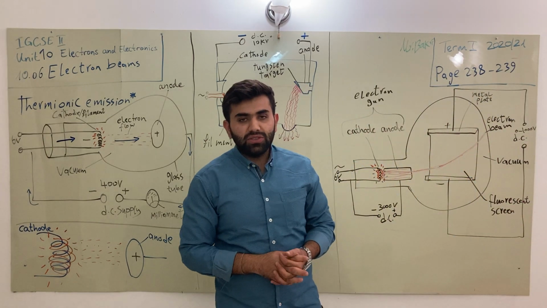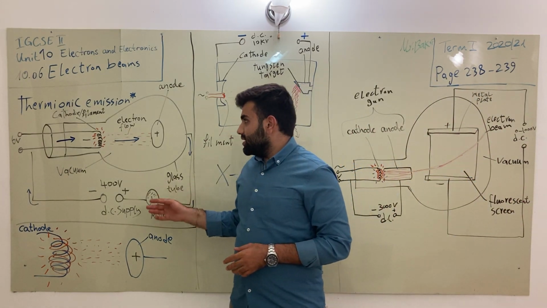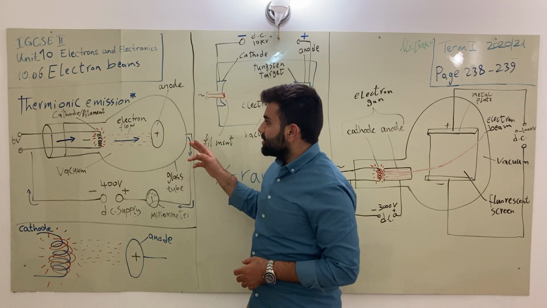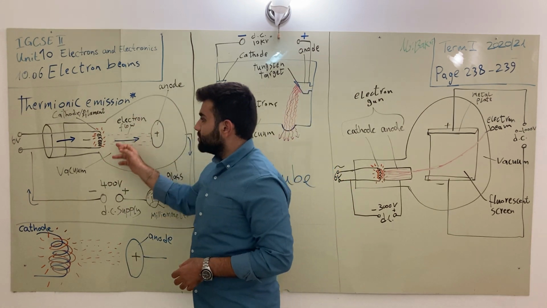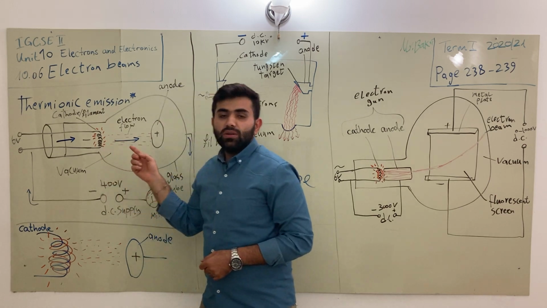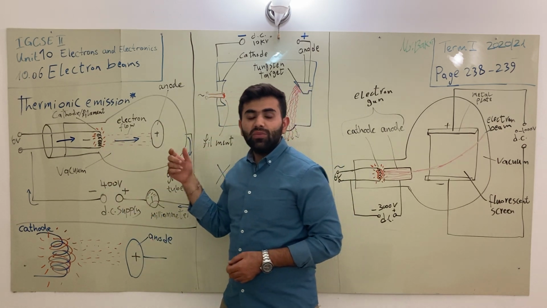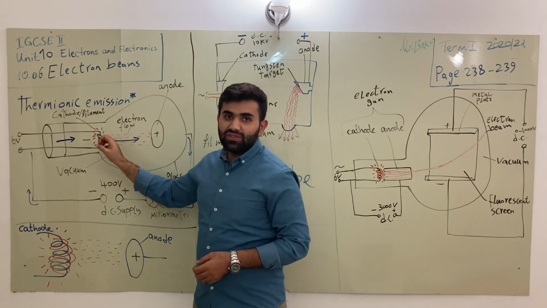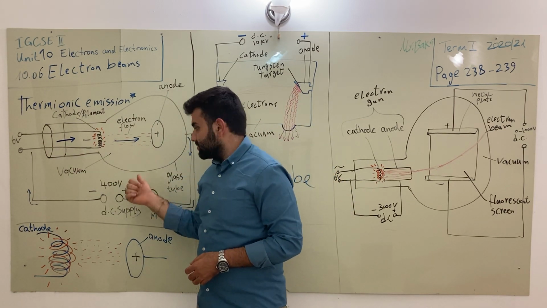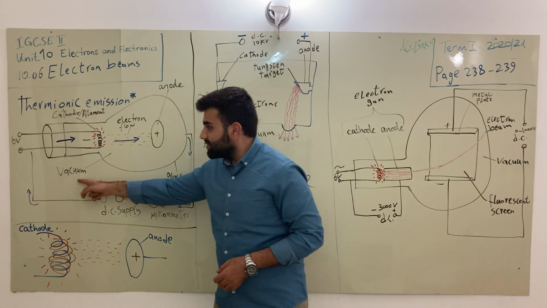Thermionic emission. It's when we have this filament in this tube. The electrons spread more in the vacuum, so this tube is empty of air. That means it has a vacuum, as you can see here.